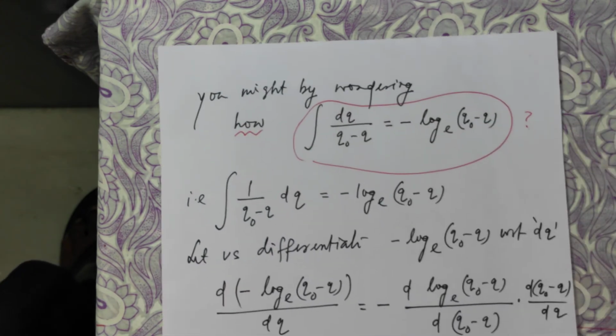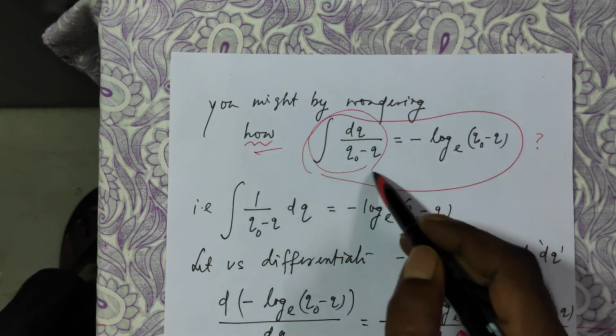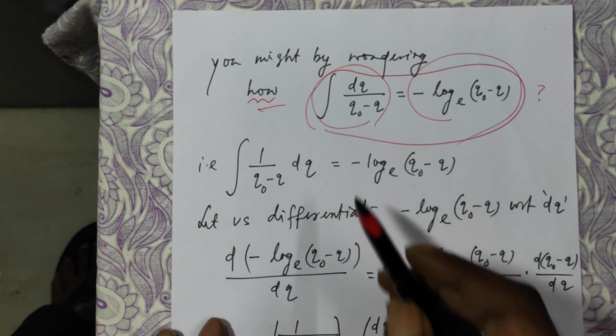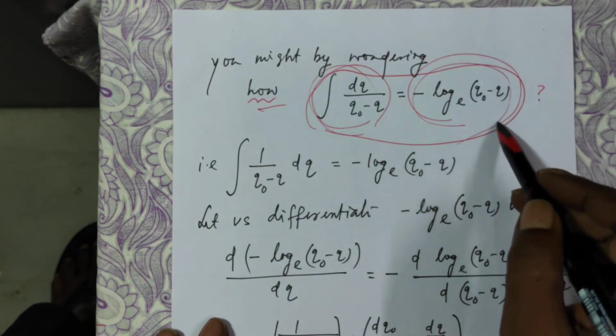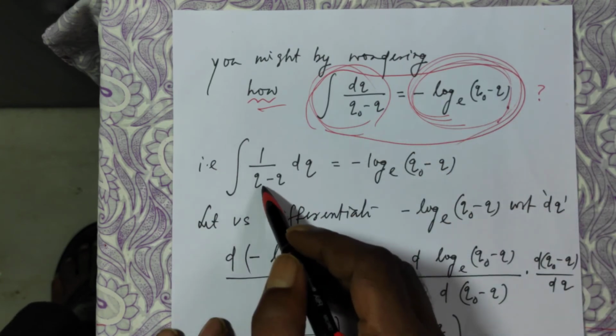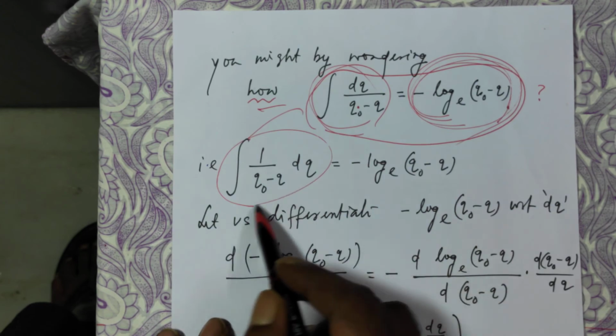So now you might be wondering how the integration of this is equal to this. Let us check that. If the integration of this is this, then the derivative of the right hand side should be equal to the integrand.